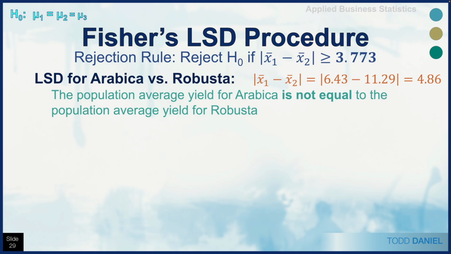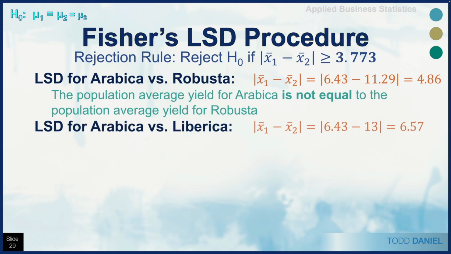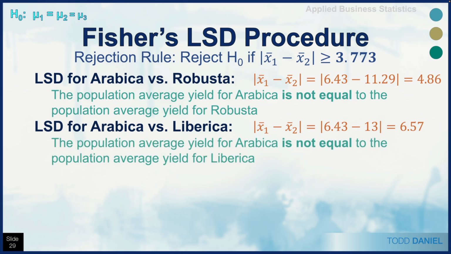They are different. Our second comparison is Arabica versus Liberica. And we find that their mean difference is 6.57, which we compare to 3.773. It is over the fence. So the population average yield for Arabica is not equal to the population average yield for Liberica. They are different.